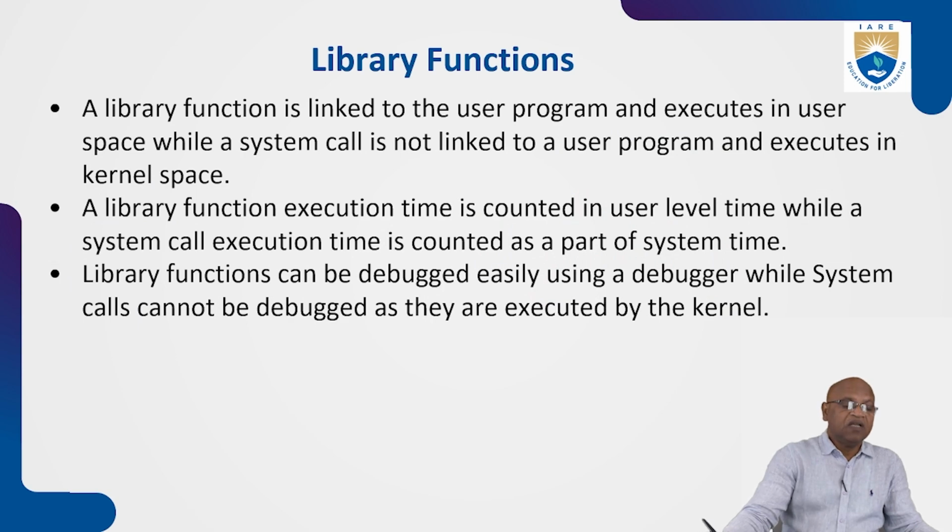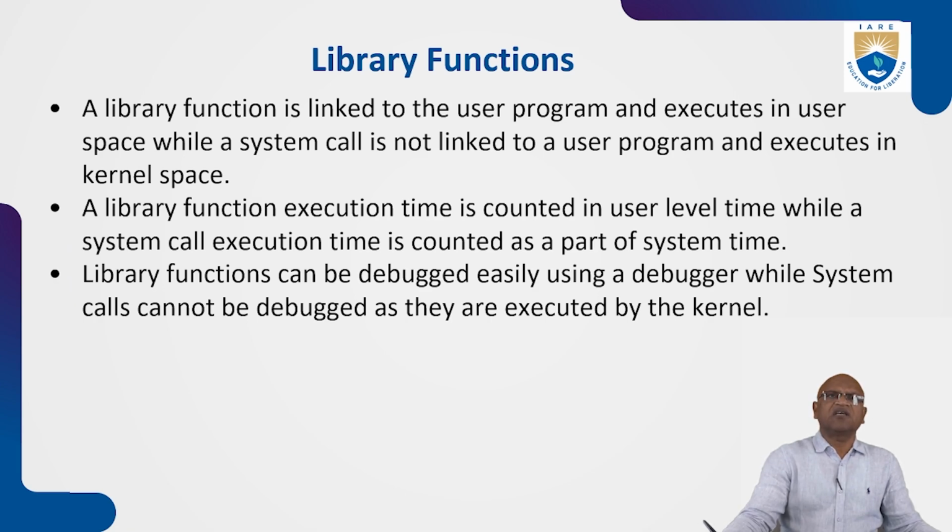A library function is linked to the user program and executes in user space, while a system call is not linked to a user program and executes in kernel space. A library function's execution time is counted in user level time, while a system call's execution time is counted as part of the system time.